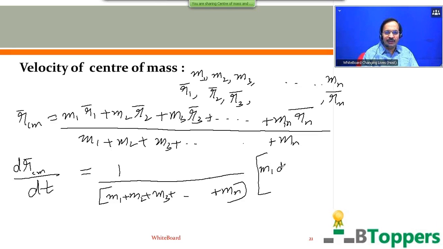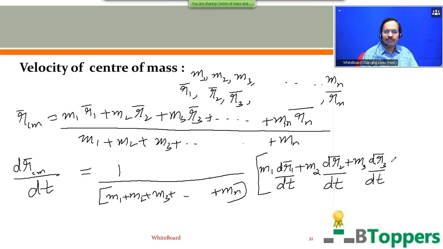You can write m1 into dr1 bar by dt plus m2 into dr2 bar by dt plus m3 into dr3 bar by dt, etc. up to mn into drn bar by dt.